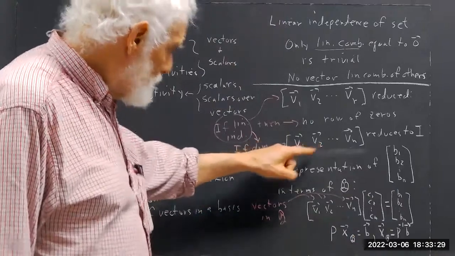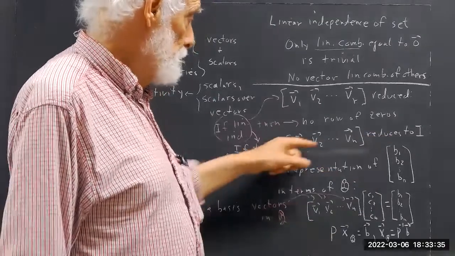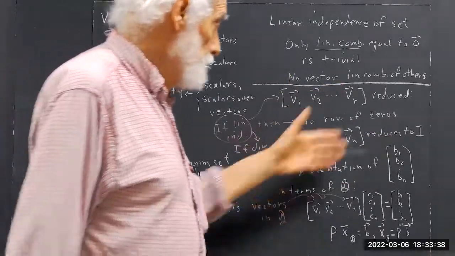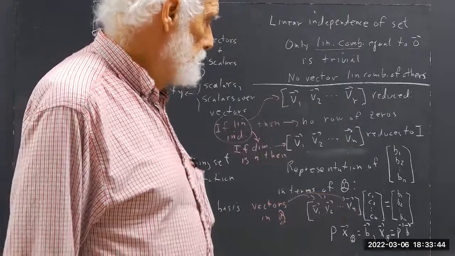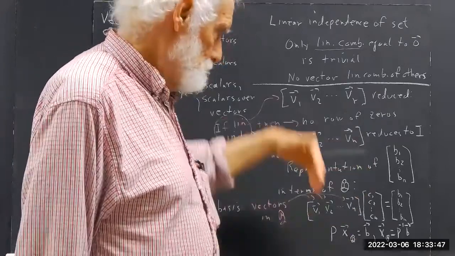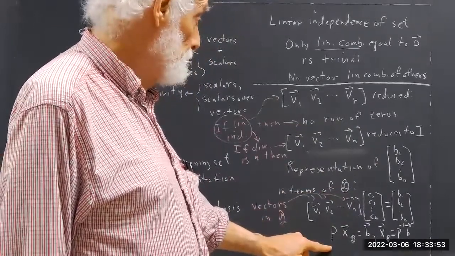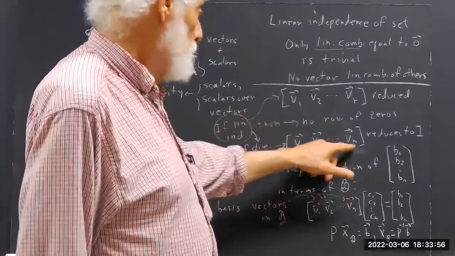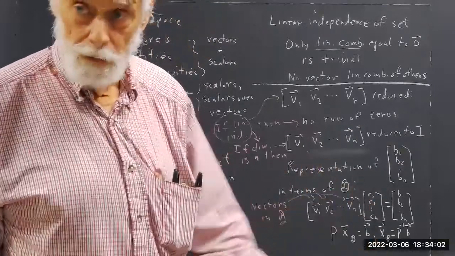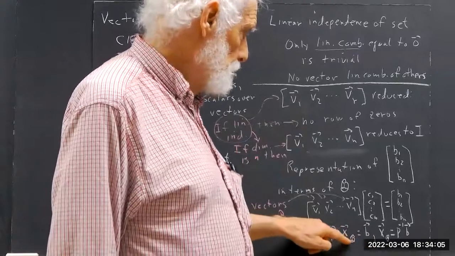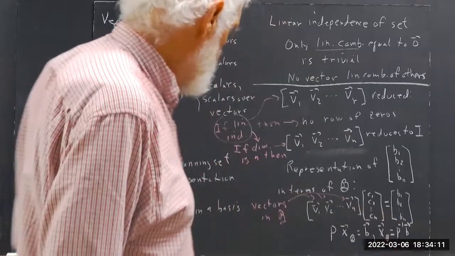If this set is linearly independent in the dimension the space is n, this reduces to I, meaning that these are linearly independent, so they form a basis. We put them, each vector forms a column, and you get an invertible matrix P, because of course this matrix, here's your matrix P again, reduces to the identity. If this matrix reduces to the identity, then it's invertible. You get the inverse, multiply both sides by the inverse, and the representation XB is just going to be P inverse times your V vector.